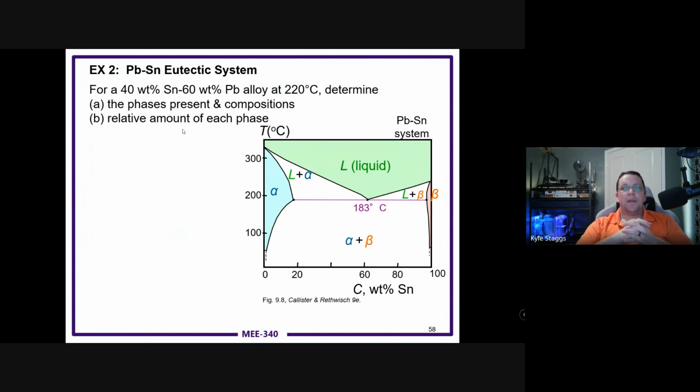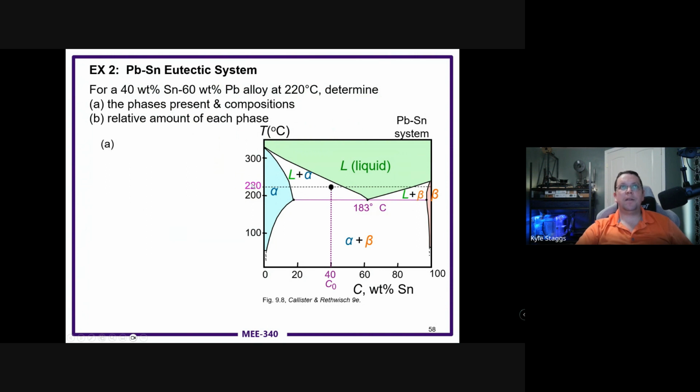So something like a tin lead alloy at 220C, we want to understand the relative amounts of each phase. We want to understand what are the phases present. So at 220, we come up and we draw a line. I don't remember if she's actually got these represented. Yeah, so here we go.